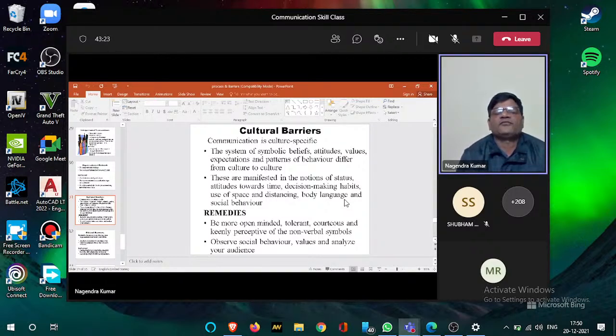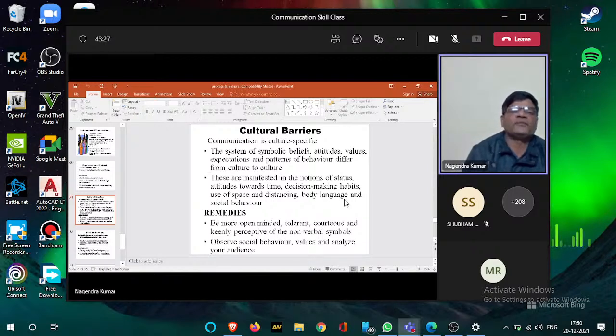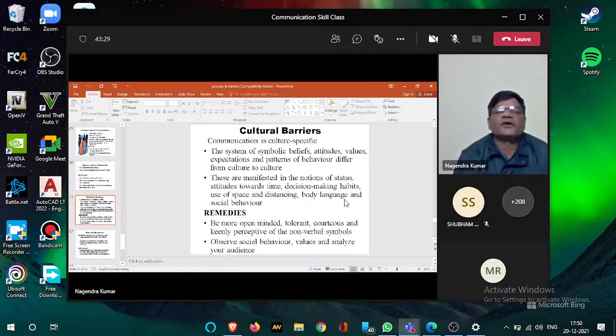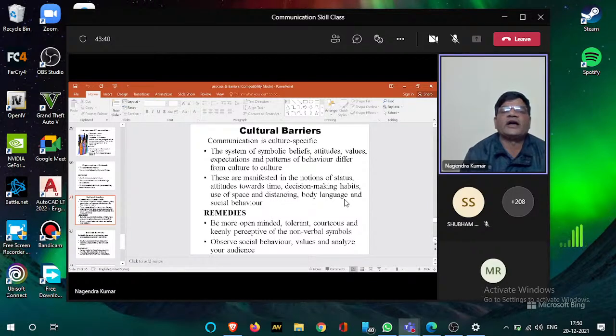We attach certain symbolic belief to some object. Something is considered pious, some number is considered pious. All these things are again our notions of time, our notions of hierarchy, our notions of power.